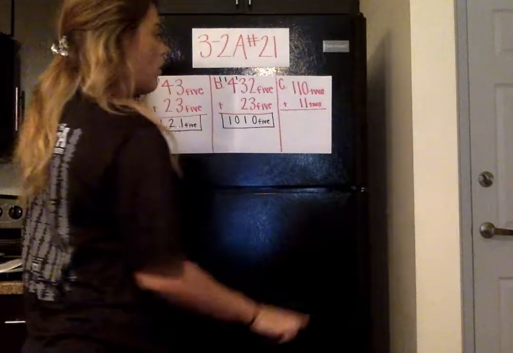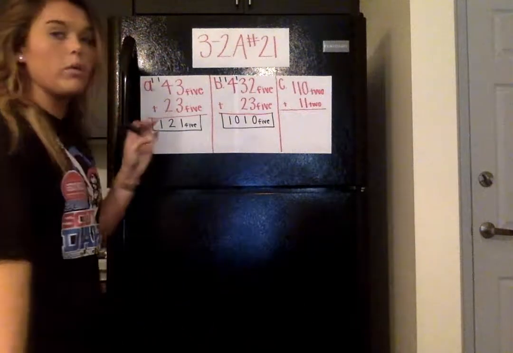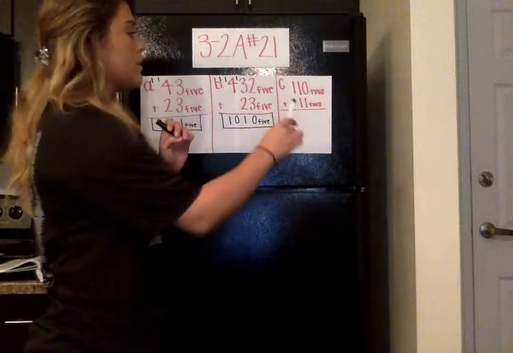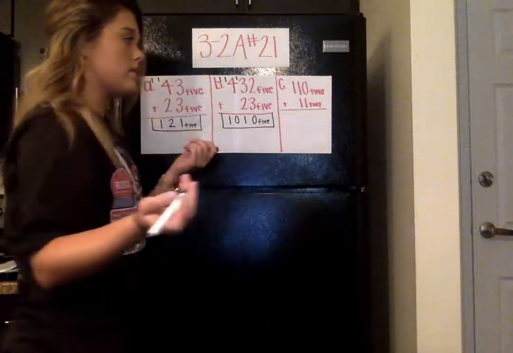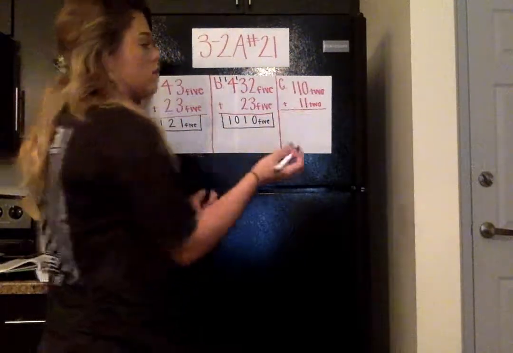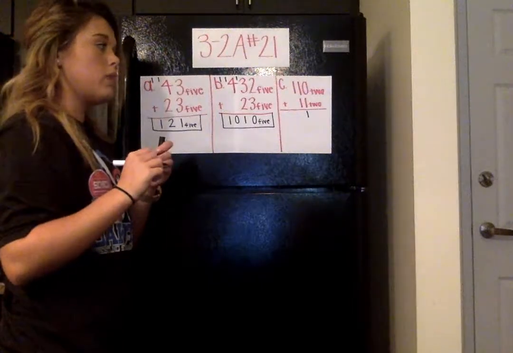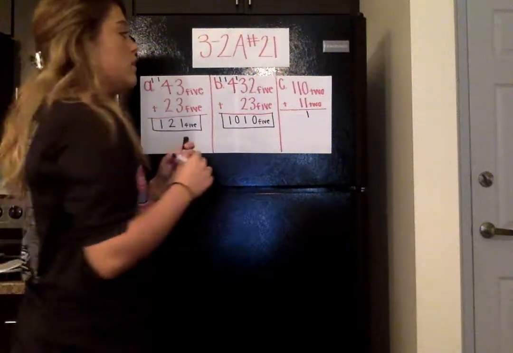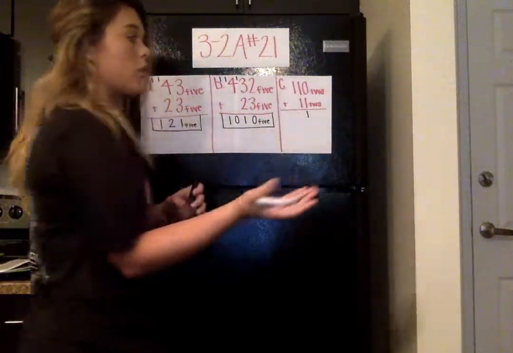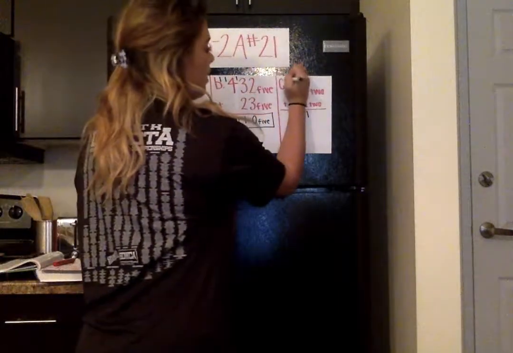And then for C, we will be doing the same exact thing, but we are in base 2. So as you can see, all of these numbers are less than 2. So you will take 0 plus 1, which will give you 1, so you don't have to do anything with that one. 1 plus 1 will give you 2. So since you're working in base 2, you need to take that bundle of 2 and put it up here.